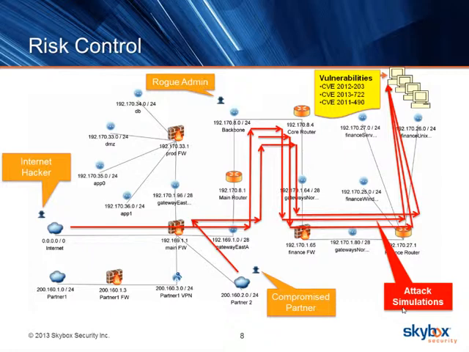This risk can be viewed from the perspective of the threat origin, the assets themselves, or the vulnerabilities. As you can probably imagine, this is an immense amount of calculation, especially in a global enterprise environment. Skybox's patented algorithms allow our customers to enjoy the fastest analysis rate in the industry.